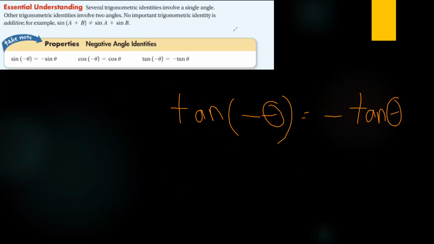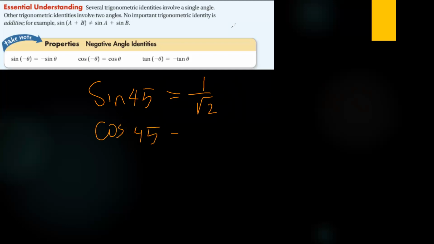As an example, we know that sine of 45 is 1 over square root of 2, and cosine of 45 is 1 over square root of 2, and tan of 45 is 1.